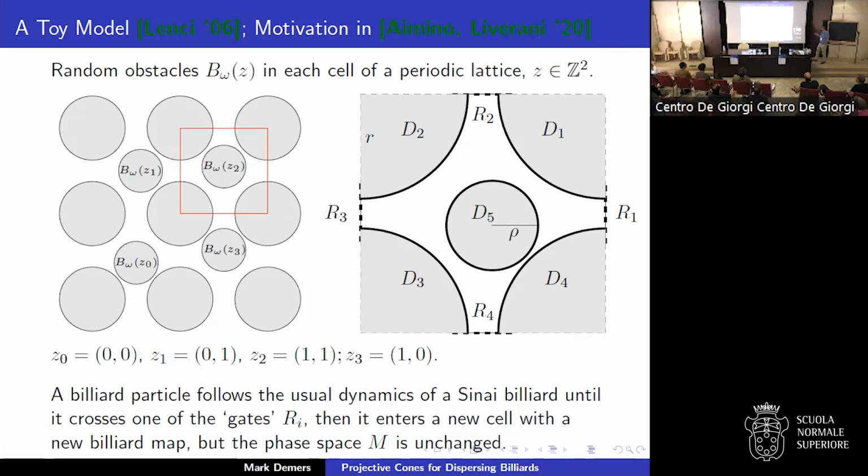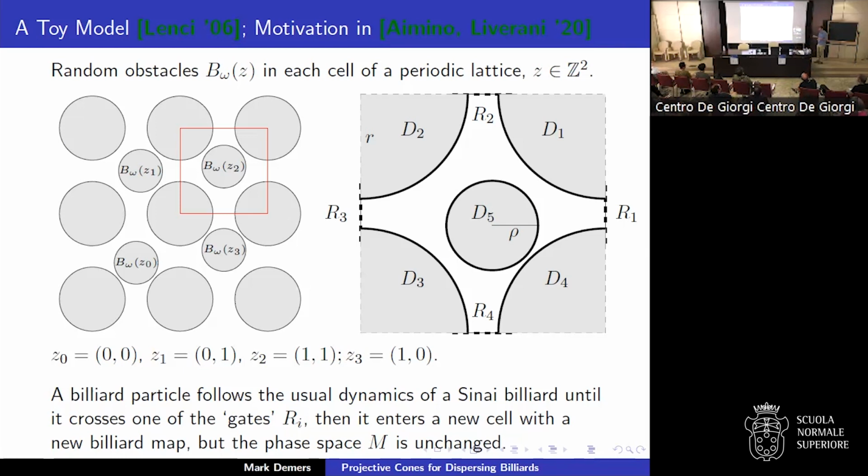If you choose it to have the same size, then in each cell you have the same arc length all the way around. So you can think of the billiard map on the same phase space, because the billiard map, when you look at the collision map, the Poincaré map, it only cares about arc length. That determines the phase space. So you could think about a sequence now of billiard maps on a single phase space if your arc length in each cell is the same.